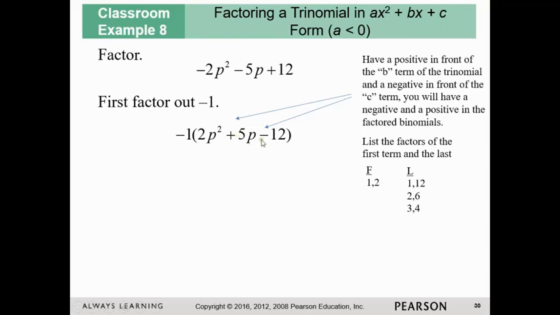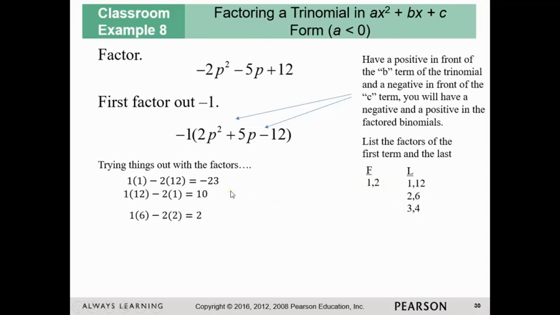Because we got a plus and a minus. So we try out some factors here. So for example, 1 times 1 minus 2 times 12 gets us negative 23. That doesn't work. Then we try 1 times 12 and then 2 times 1, and that gets us to 10, so that doesn't work.